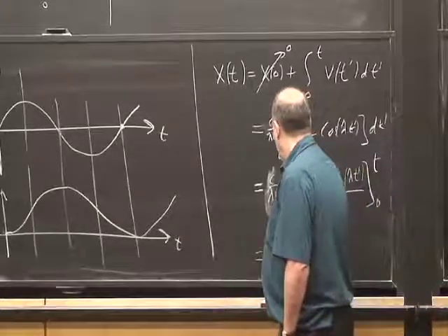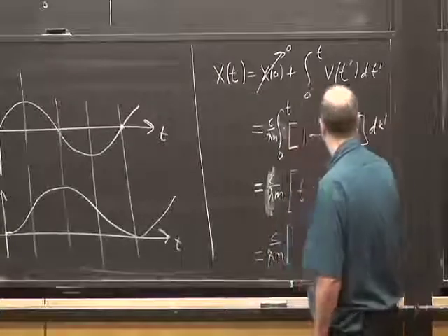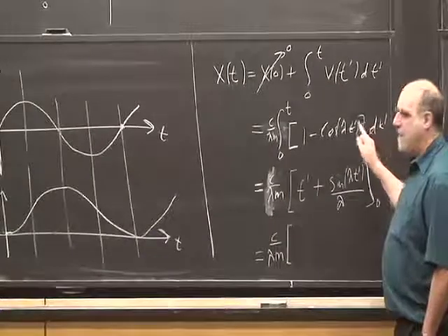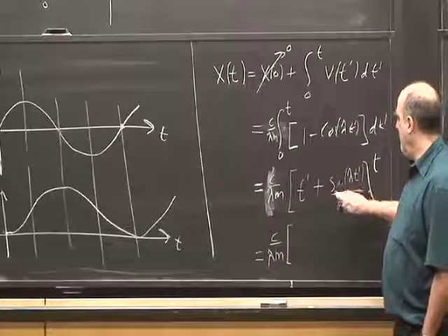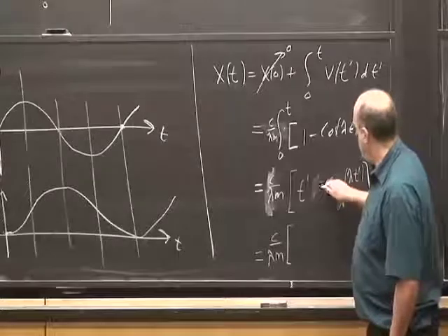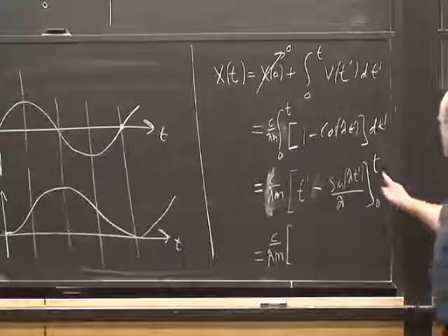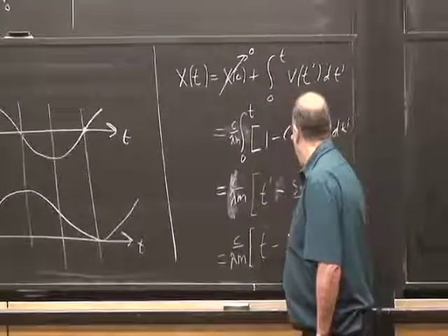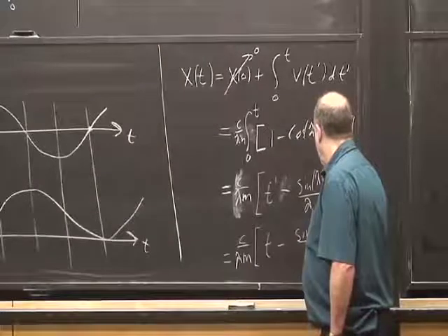Then we have c over lambda m. The integral of cosine is sine, and that leaves that as a minus there, which I like. Sine evaluated at 0 is 0, so then this just turns into t minus sine of lambda t divided by lambda.